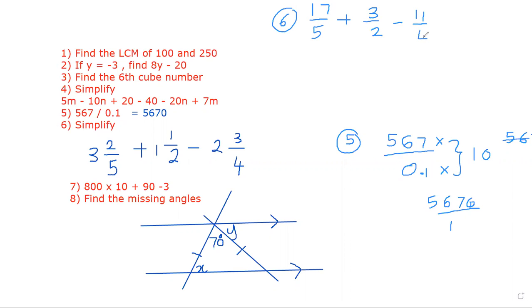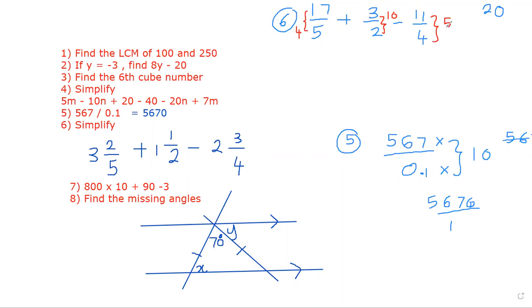Then you have to identify your common denominator. Here by looking, I can identify my common denominator is 20. So to get 20, you have to multiply each term. This term you have to multiply up and down by 4. Then this one you have to multiply by 10. And this one you have to multiply by 5.